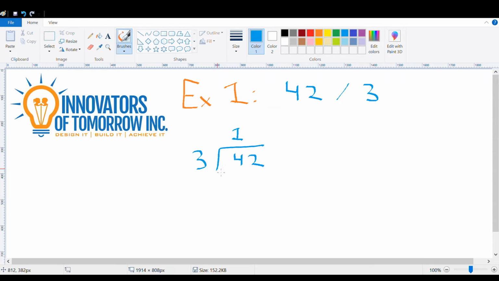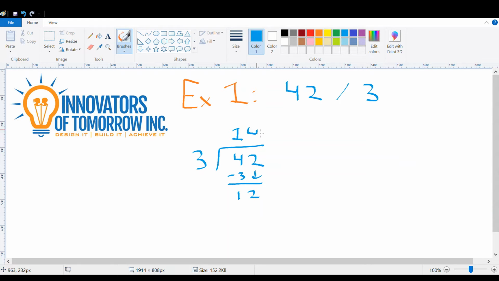Since 3 can fit into 4 one time, we subtract 3 from 4, which gives us 1, and we drop the remaining part of the dividend. We now conduct the same process with 12. 3 can't fit into 1, but 3 fits into 12 4 times.